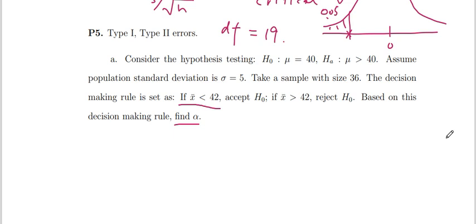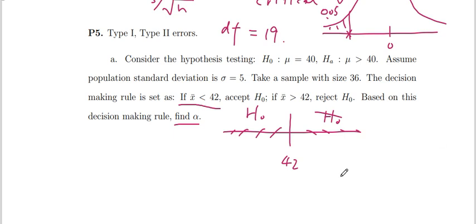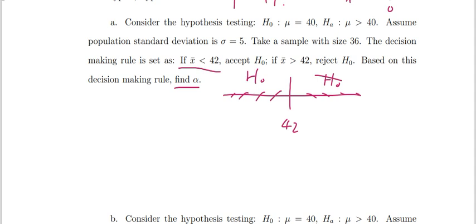We do the cutoff point 42. So in this case, we will accept H0. In this case, we will reject H0. Okay. So what is alpha? This alpha is the type 1 error.